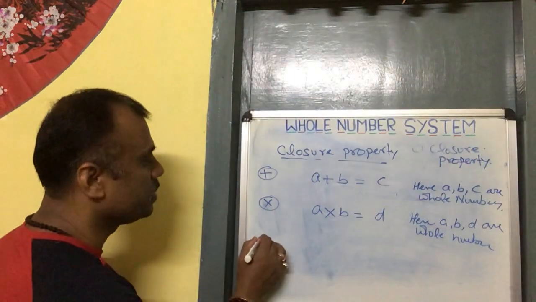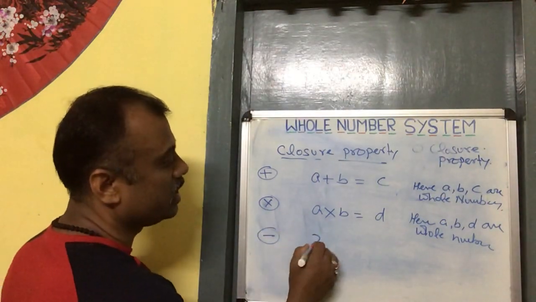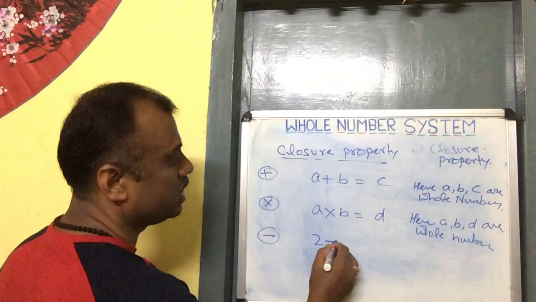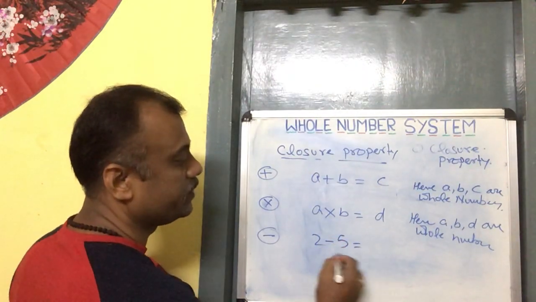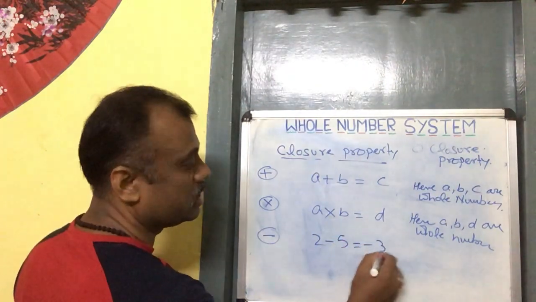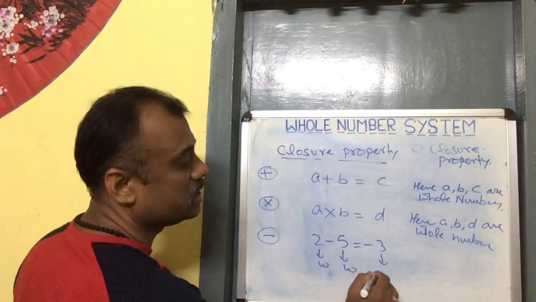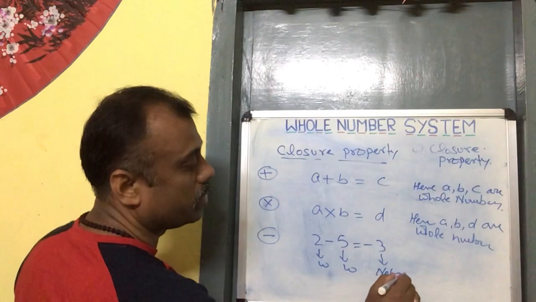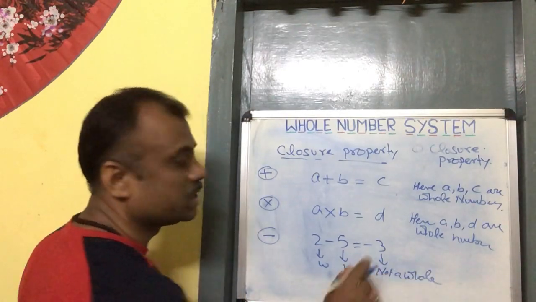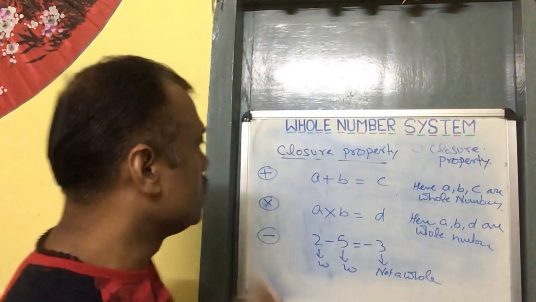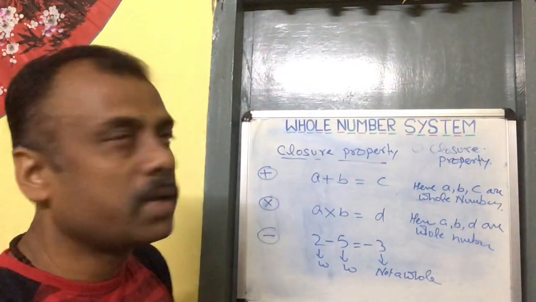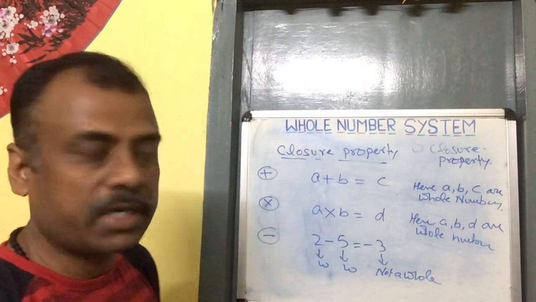Let us check for subtraction. If I take the number 2 and subtract 5 from it, as we know we will get minus 3. 2 is a whole number, 5 is a whole number, but minus 3 is not a whole number. So we can say that whole numbers are not closed under subtraction.